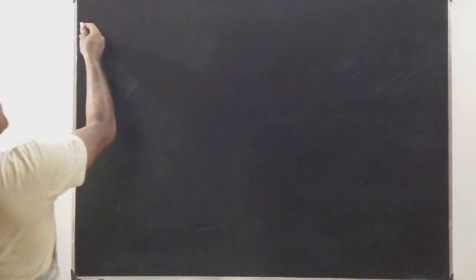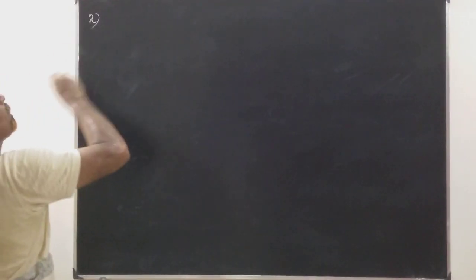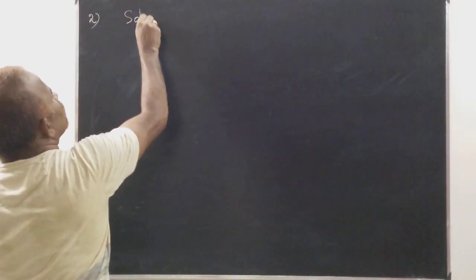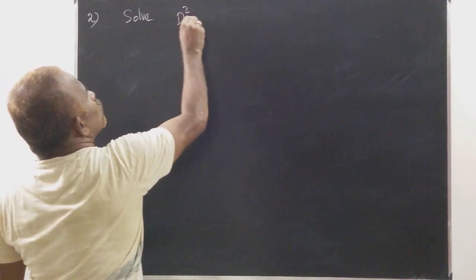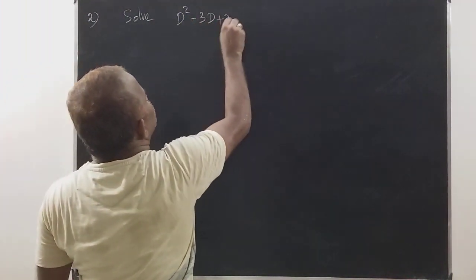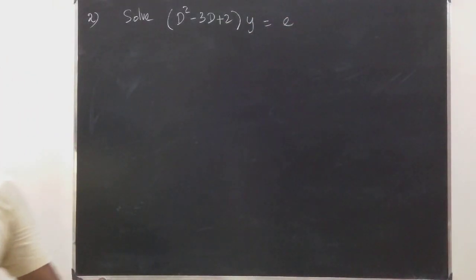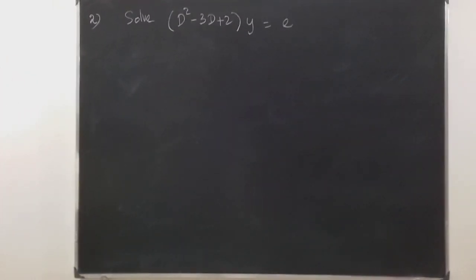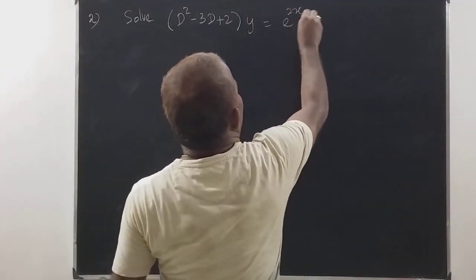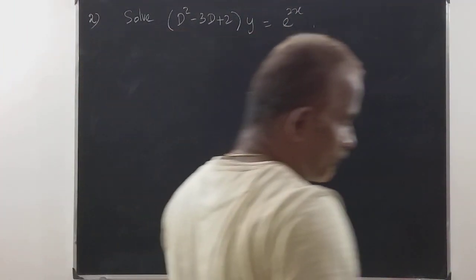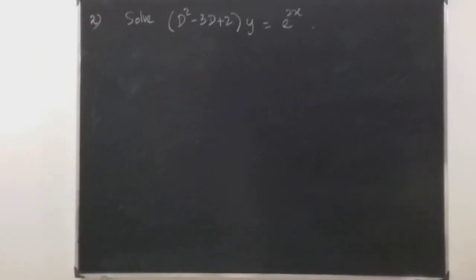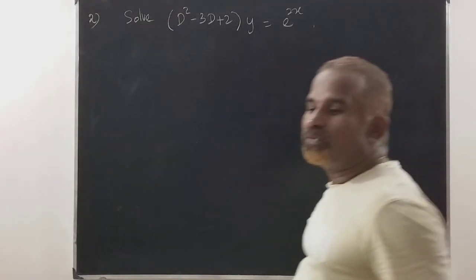Next concept, number 2, is solve D square minus 3D plus 2 into y is equal to e power 2x. So here the right hand side also we have a function of x.